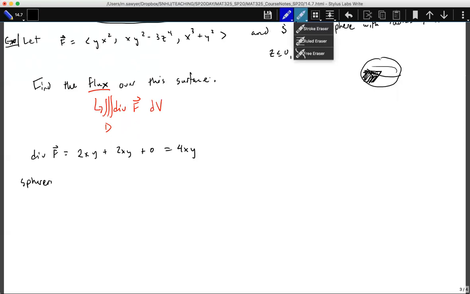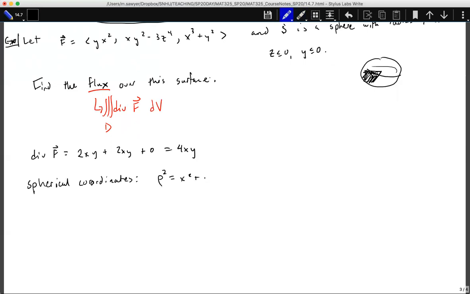So if we're representing our bounds in spherical coordinates, let's recall that rho squared is equal to x squared plus y squared plus z squared. x is equal to rho sine phi cosine theta, y is equal to rho sine phi sine theta, and z is equal to rho cosine phi.